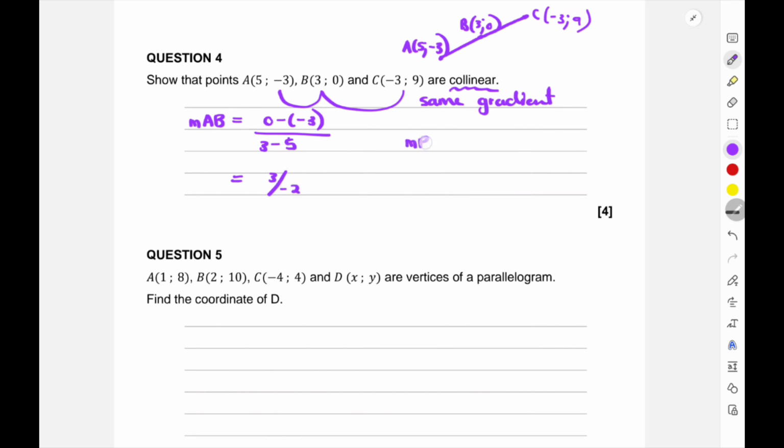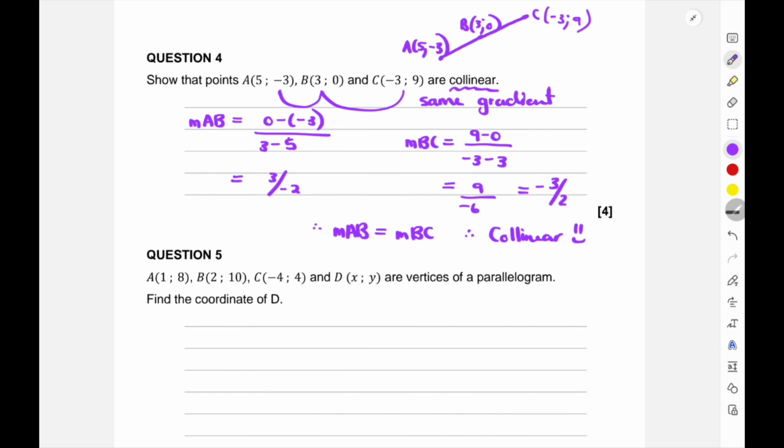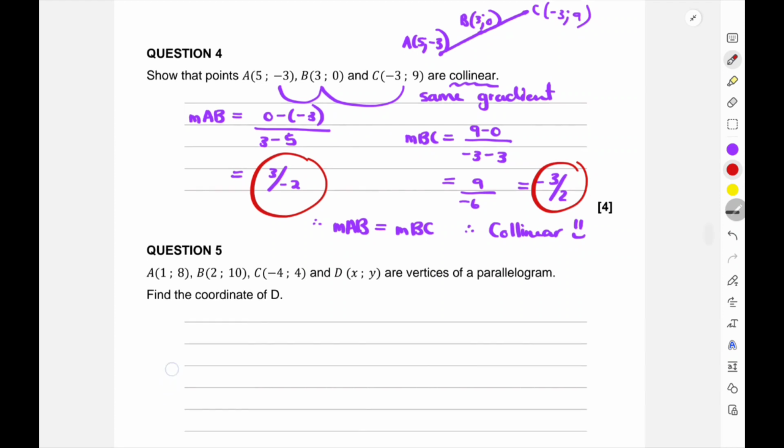And if I work out the gradient of BC, it should give me the same. 9 minus 0 over minus 3 minus 3 gives you 9 over negative 6, which is negative 3 over 2. Thus, the gradient of AB is equal to the gradient of BC. Thus, they are collinear. Hope that makes sense.